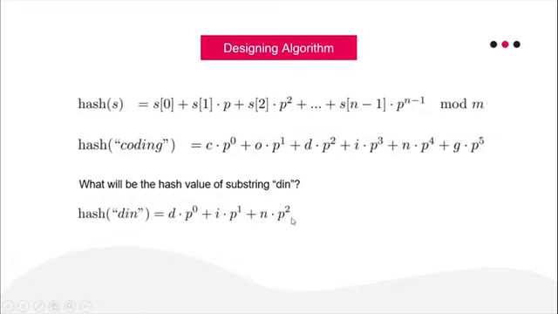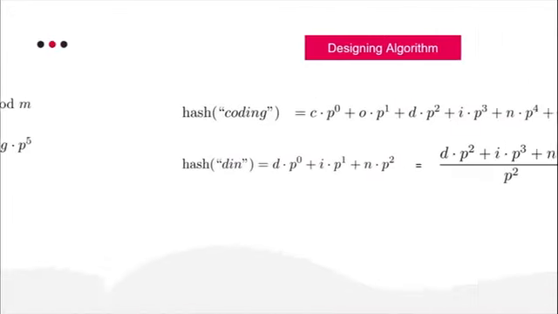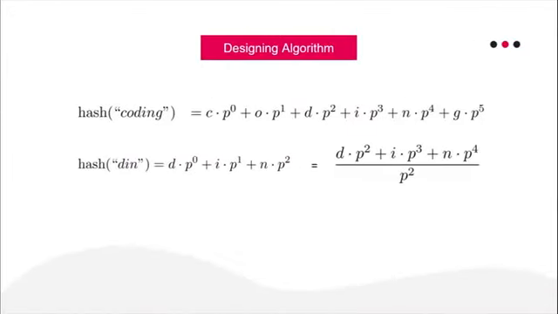Well, the relation is simple. You take the contribution of that substring in the original hash, which is this, and divide by p square.